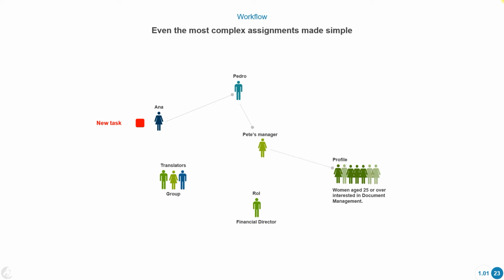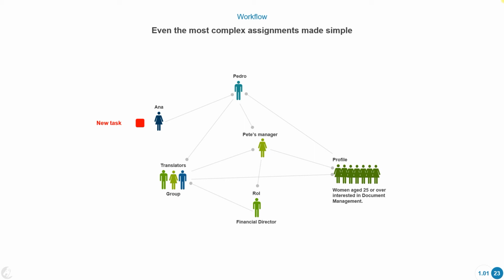Another interesting feature is that even the most complex assignments of activities are going to be very simple to configure. Let's say we have a new task, we want it to be managed by Anna, but if Anna is on vacation, we want to assign it automatically to Pedro. After that, maybe Pedro, if he wants, can delegate it to Pete, and Pete can send it to a profile of people.